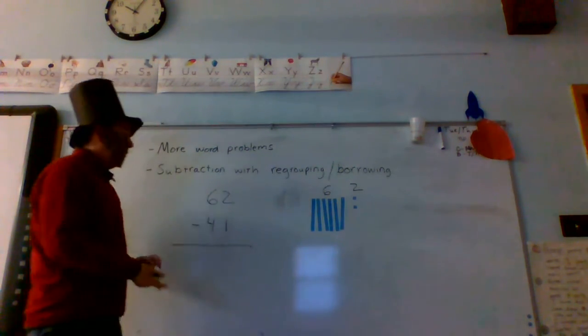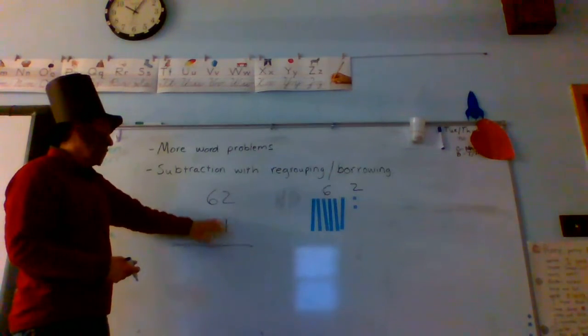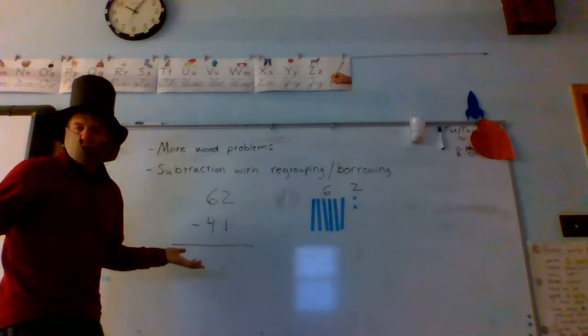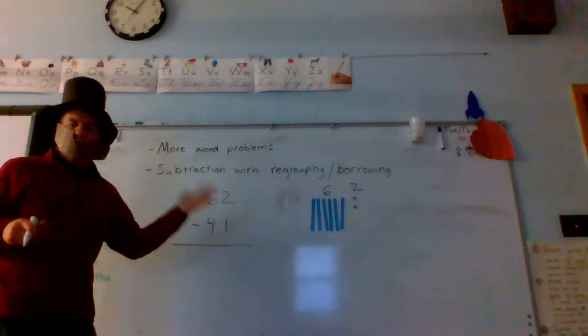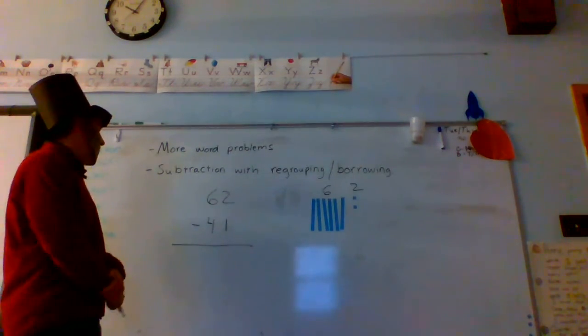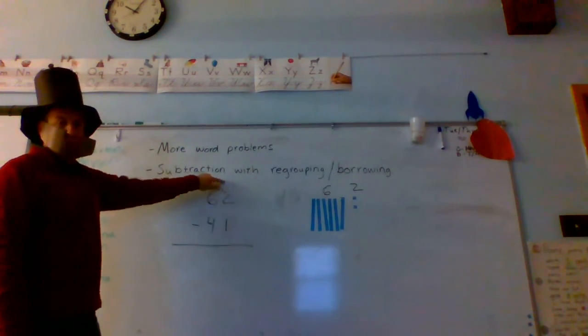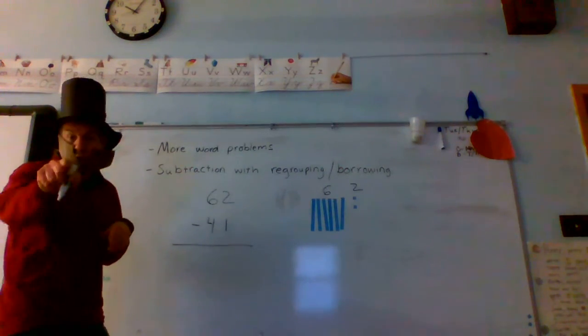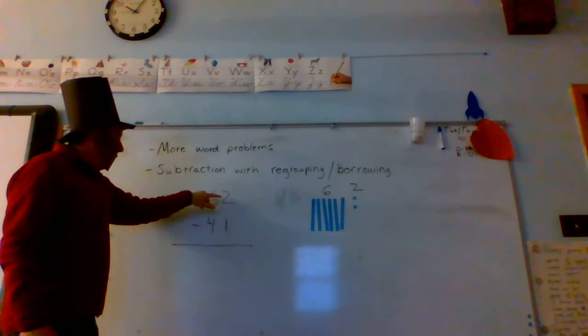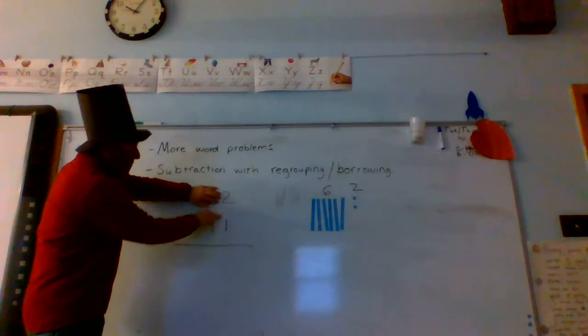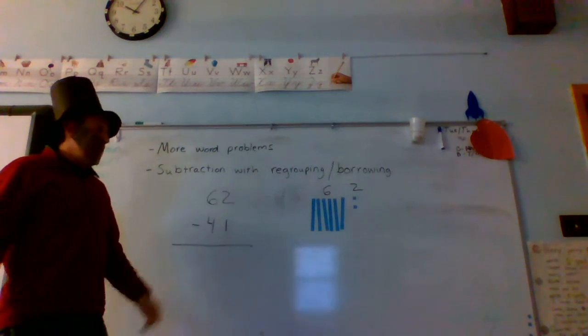Okay, we know if we have 62 apples, we can take 41 away, right? We did greater than, less than. We know how that works. So remember, start this way and go this way. If I have 2 apples, can you take 1 away? Well, yeah.